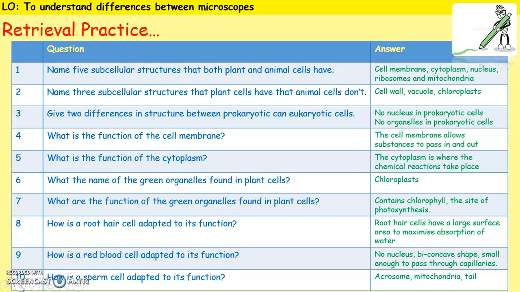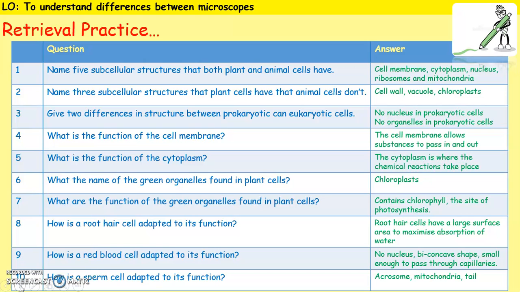The function of cytoplasm is where the chemical reactions take place. Question 6. Green organelles found in plant cells are called chloroplasts. The function of these organelles is basically where photosynthesis takes place. They also contain chlorophyll, which is the pigment that makes them green.